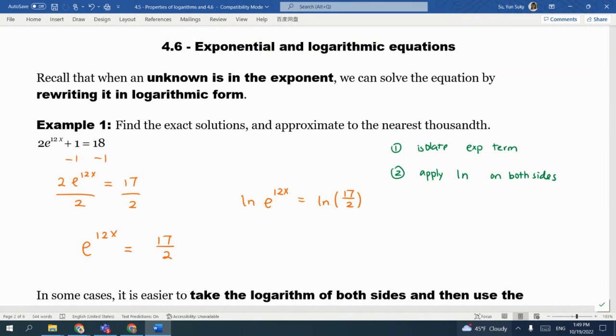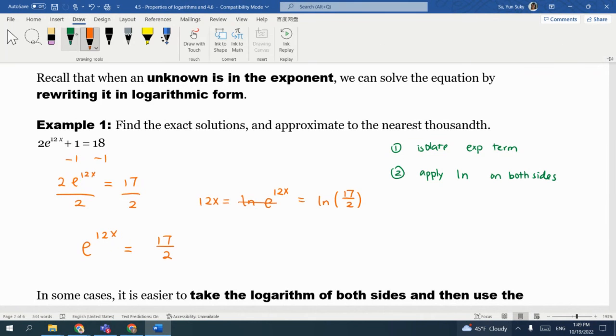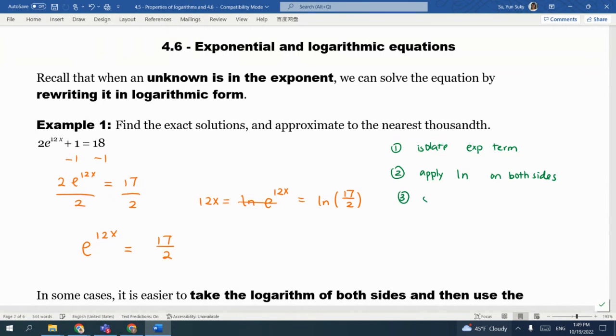What happened to the left-hand side? Do you see, ln and e cancel? We get 12x. So we can solve for x.